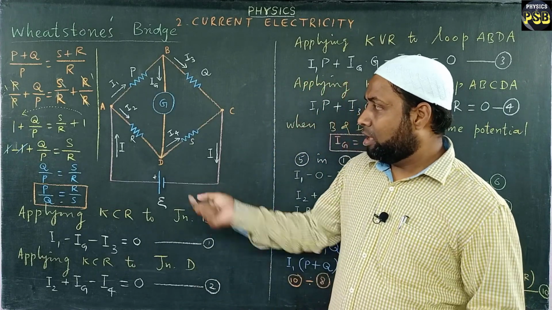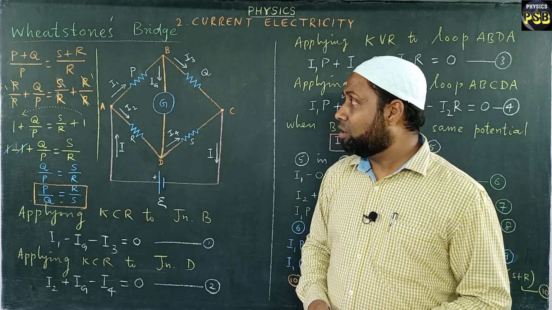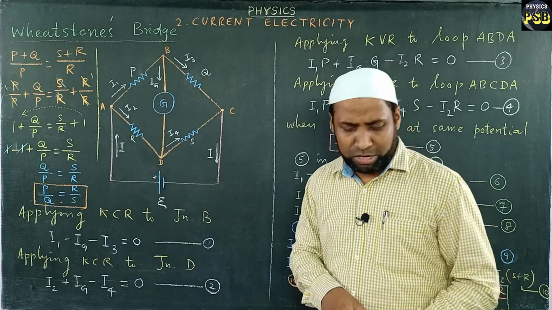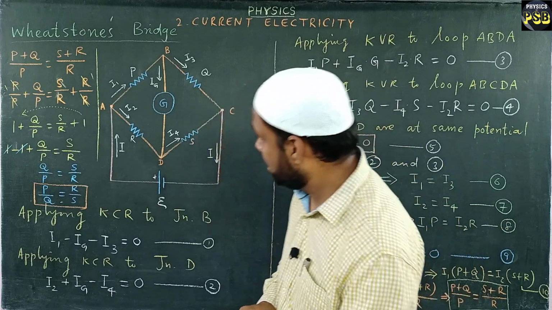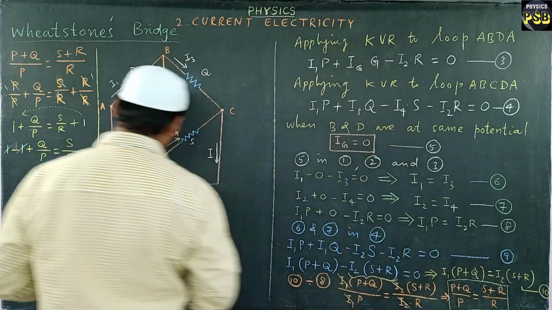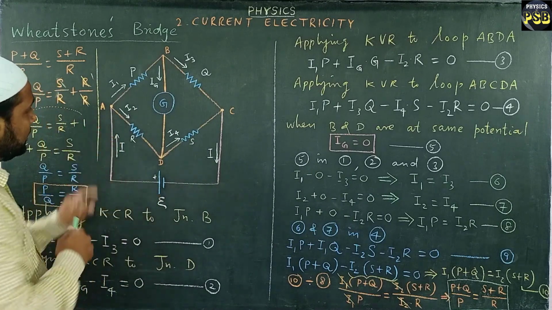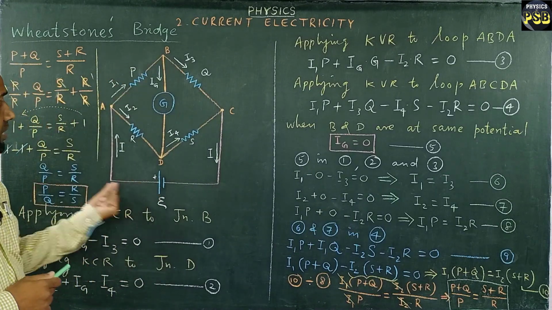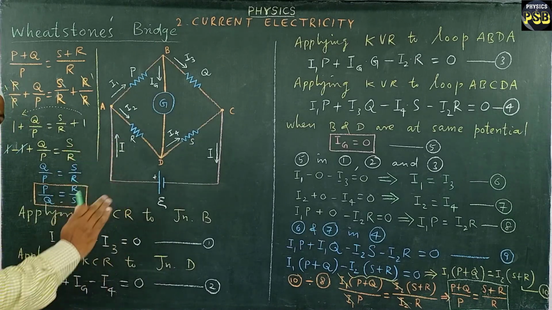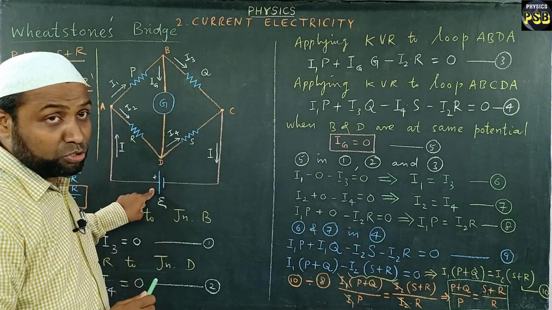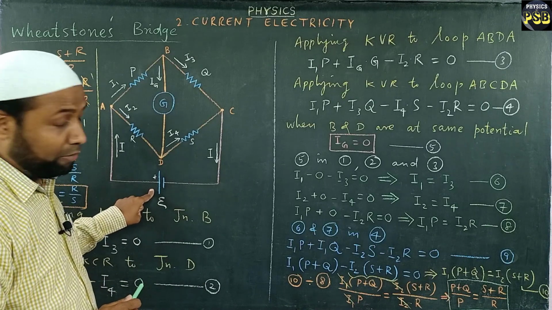And before coming to the conclusion, let me tell you how to mention the direction of current here. This is a circuit. Now we know current always starts from the positive terminal of the cell or battery.